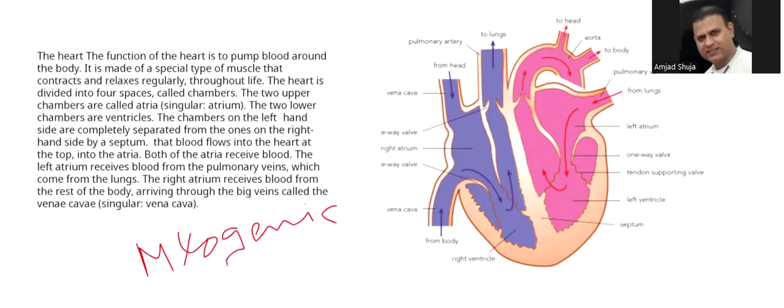These muscles are really strong and they have a built-in ability to contract and relax, even outside the body of the human. So in the body of the human, the heartbeat is controlled by the brain to make the rhythm. In the human body, the heart is under the control of the brain, neuron messages are coming, and the heartbeat is controlled to make rhythm.